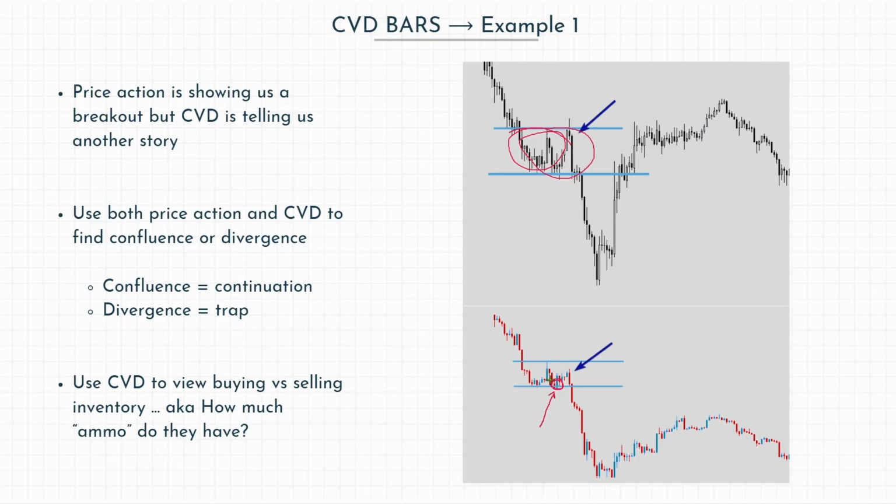Do the sellers who have been controlling this look like they're in trouble in terms of actual volume, in terms of actual delta? Are buyers putting up a good fight? Nope, doesn't look like it. So that's a sign for me to continue with my downward bias.